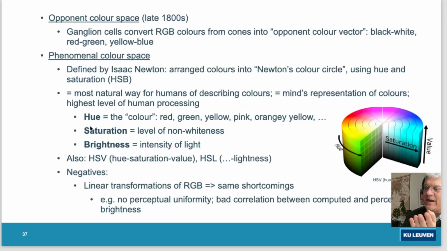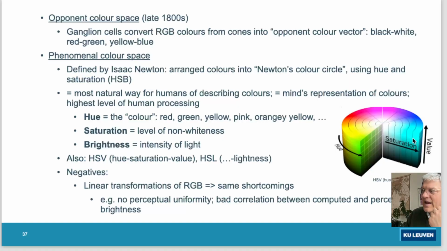Apart from RGB, there are other ones like HSV. Hue, saturation, brightness, or hue, saturation, value, that's the same thing. Hue is actually the color. That's a value between 0 and 360, and that one number represents the color, period. The saturation basically tells you how white it is. You go from the most bright color, like this very bright red, to white.